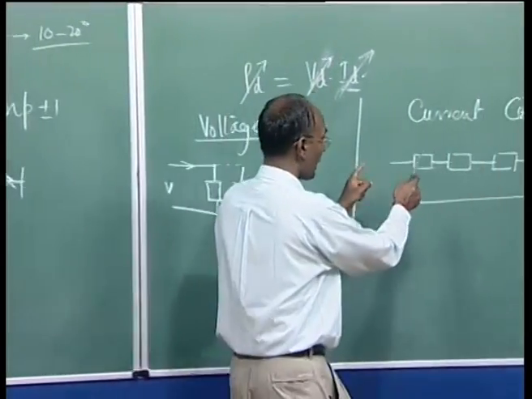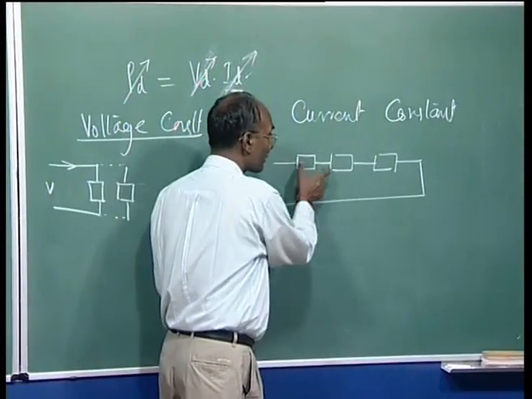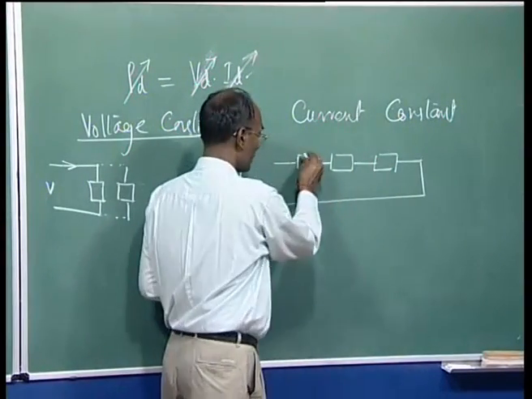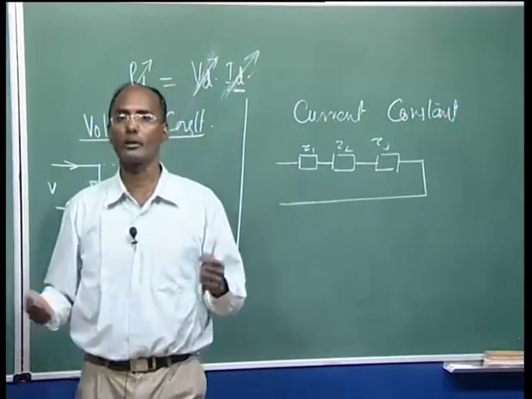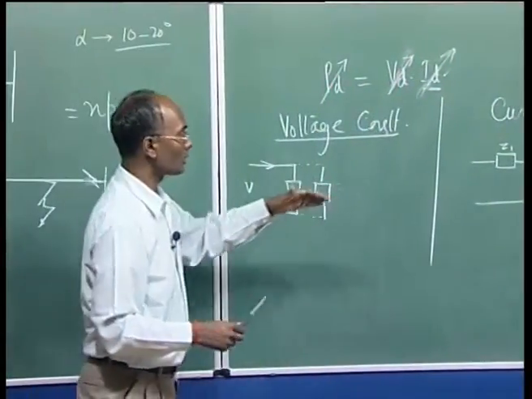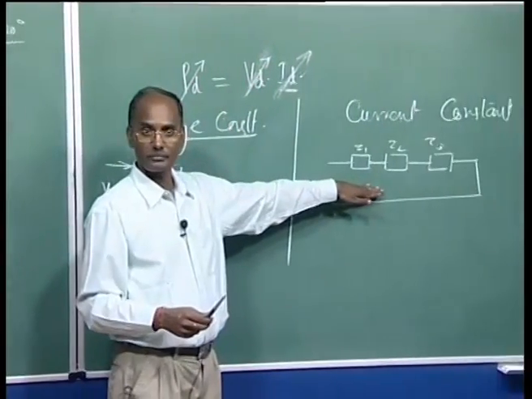Here, all the loads have the same current and different voltages, because Z1, Z2 and Z3 are different for the different loads. So this is your constant current mode of operation.